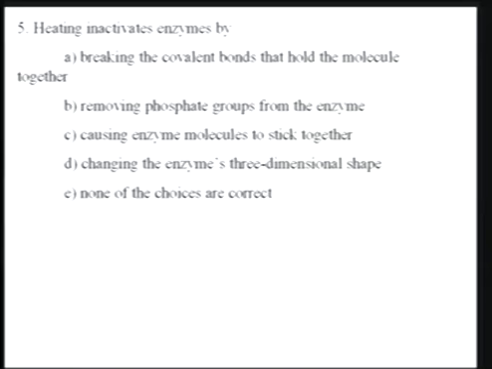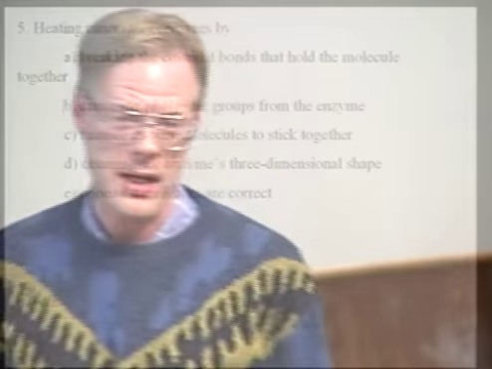Breaking the covalent bonds. It turns out, though, that only happens at very, very high temperatures. Remember that covalent bonds are very stable. DNA, those phosphodiester bonds in DNA, you can boil those and they don't break. Phosphodiester bonds in DNA can stick around for potentially millions of years. DNA has been extracted from fossils that are in excess of 200 million years old, for example. All right, so covalent bonds are really stable. Heat's not going to do it.